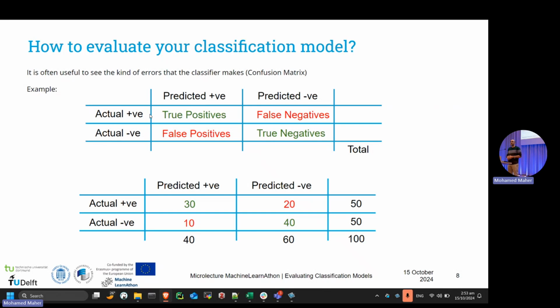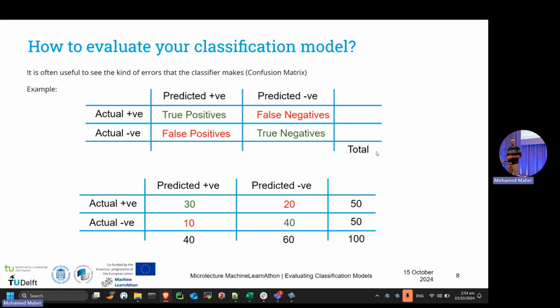For the intersections between these rows and columns, the actual positive and predicted positive is a true positive. For actual positive and predicted negative, it's a false negative. For the actual negative and predicted positive, it's a false positive. For the actual negative and predicted negative, it's a true negative.